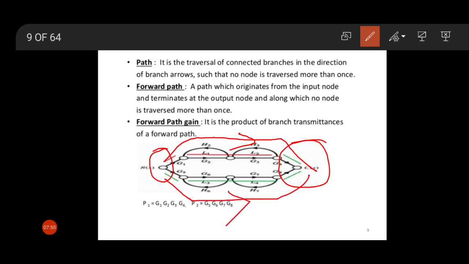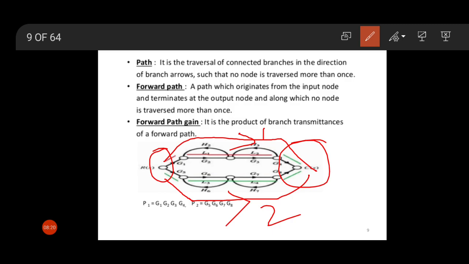So here there are two forward paths. One is this and the other one is this, which is shown by this red line, and the second one is indicated by this green line. So here the input node is connected to the output node in two ways.